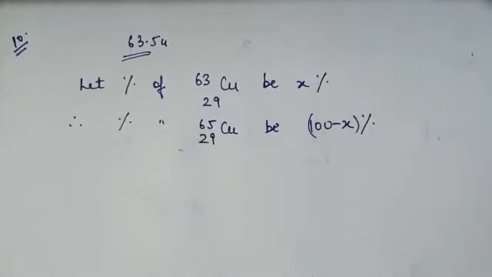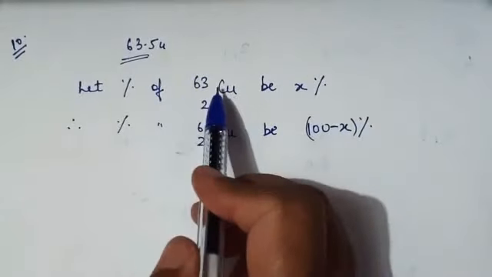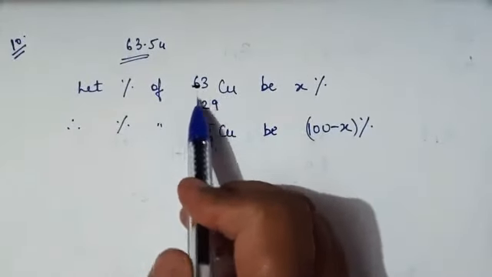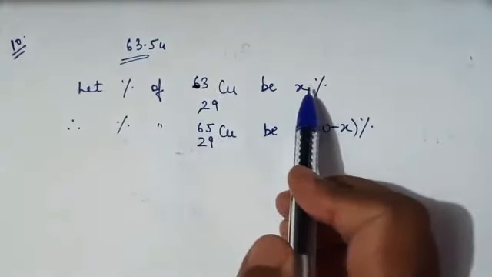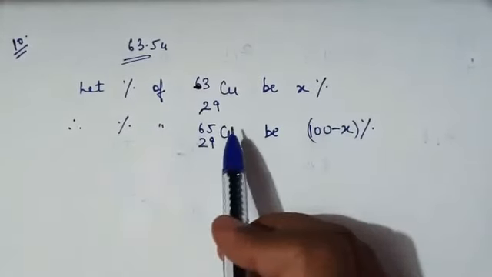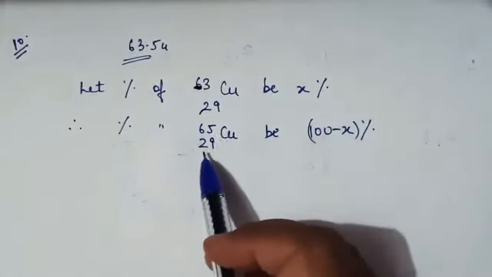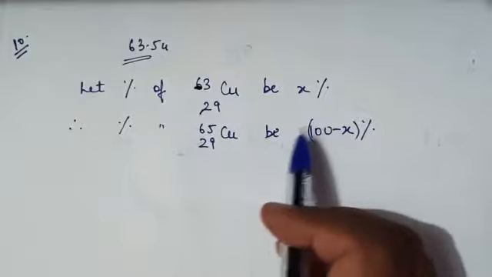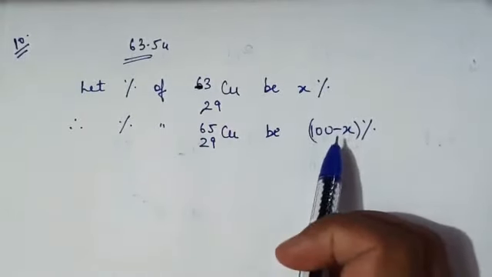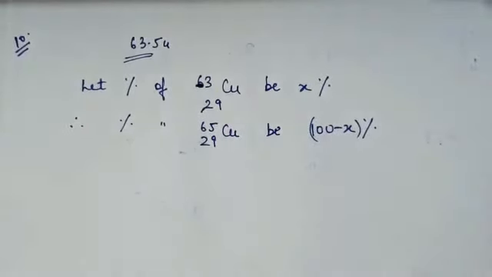So let the percentage of first isotope, that is 63Cu29, be x%. Then the percentage of another isotope, 65Cu29, will become 100 minus x%.